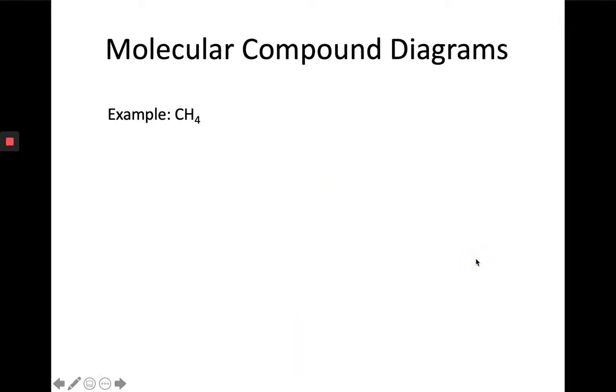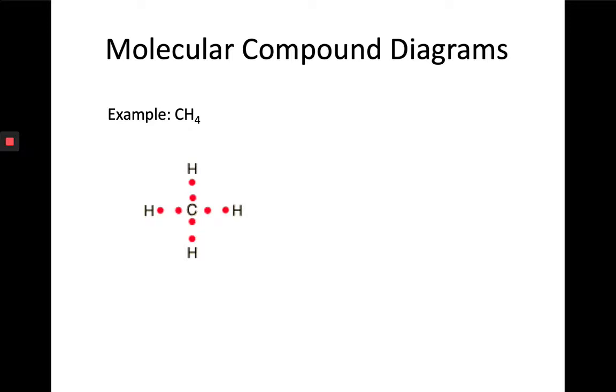Let's then look at one final example, CH4 or methane. Let's draw our carbon. Carbon has 4 electrons in its valence electron shell, and we have 4 hydrogens that we are going to draw that are going to pair with our unpaired electrons on carbon.